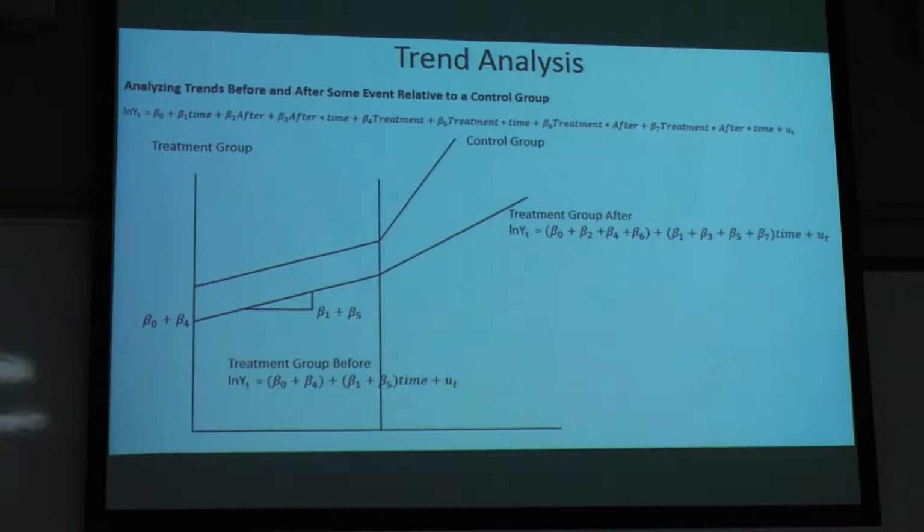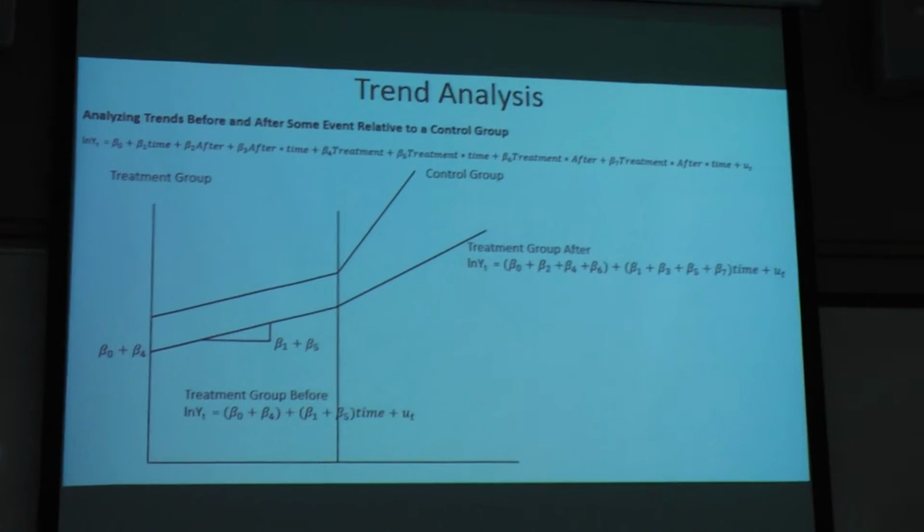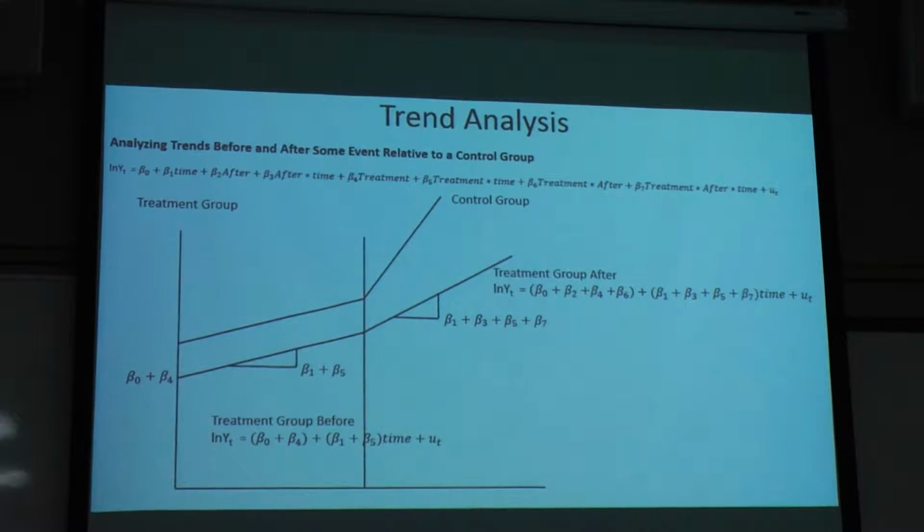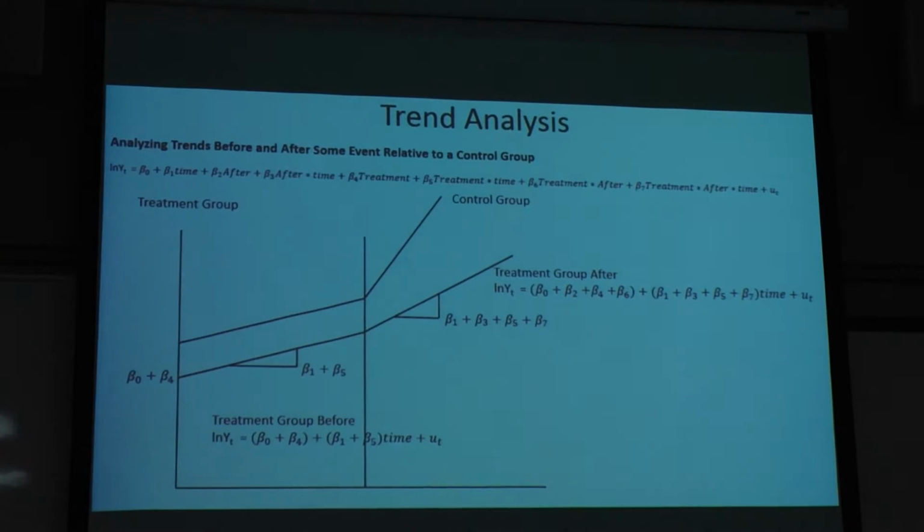Big, long, ugly. But we know it boils down to a couple of things. The slope of the treatment group after the treatment is beta 1 plus beta 3 plus beta 5 plus beta 7, which are all basically the coefficients of time.